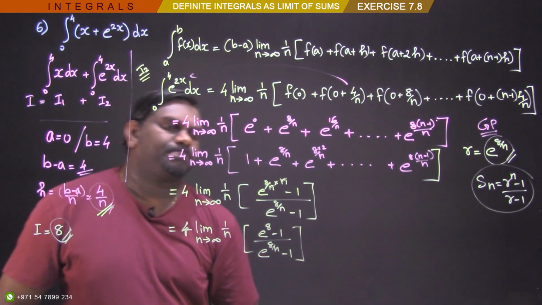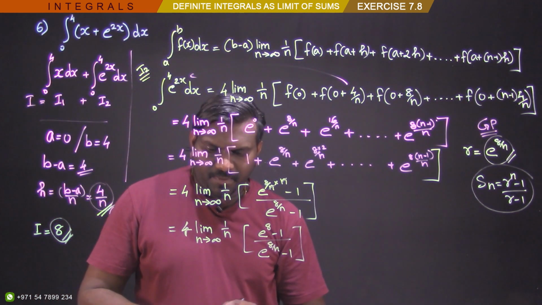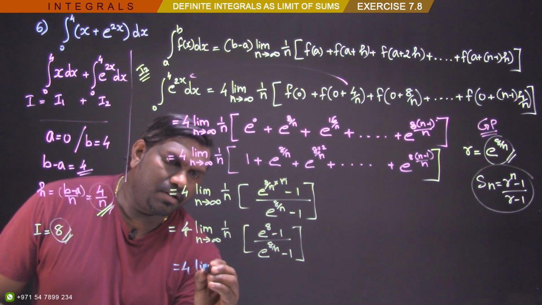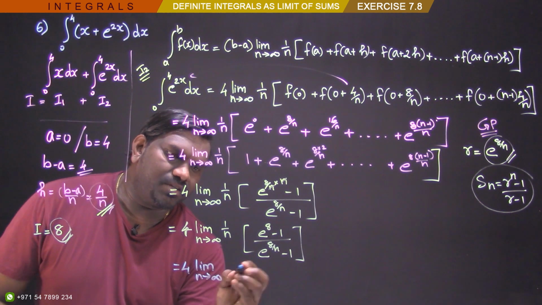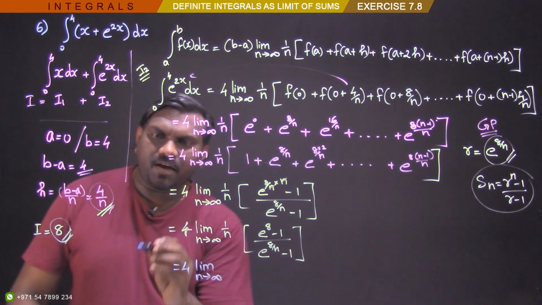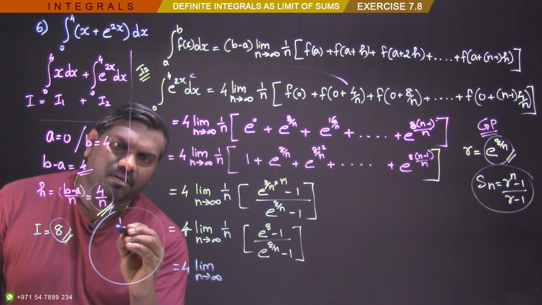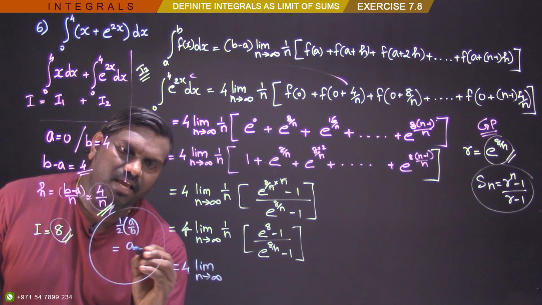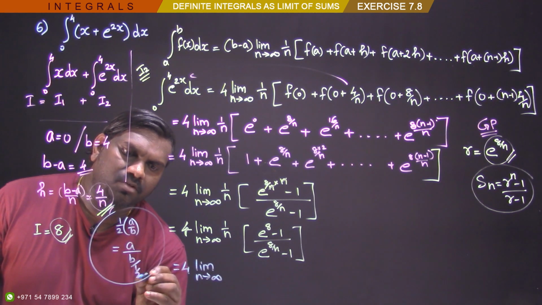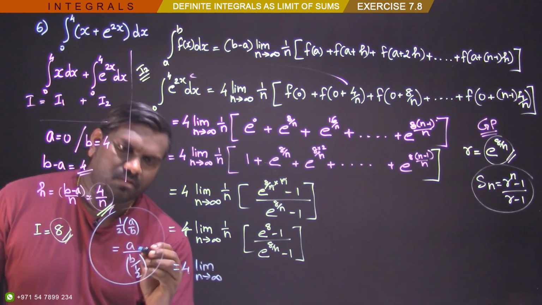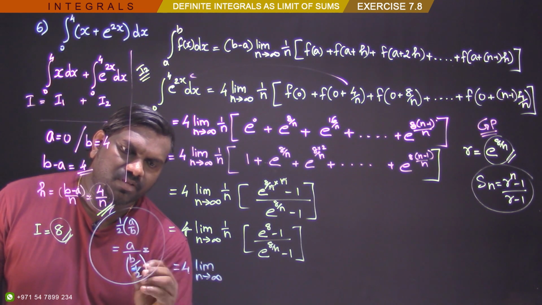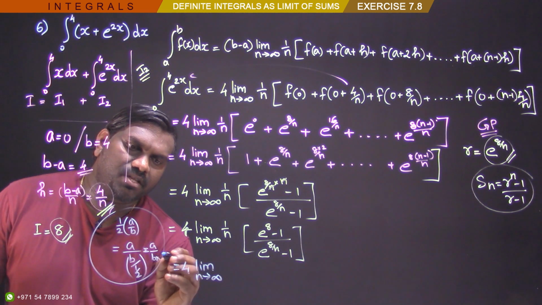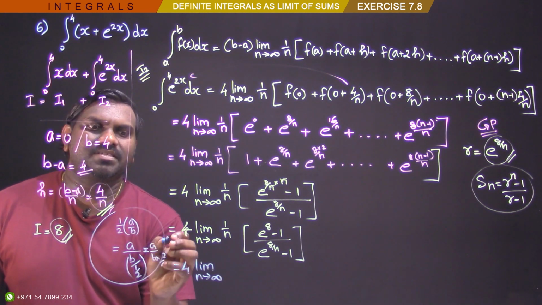As I told you last time, I will repeat the same thing: if we have 1 by (a by b), we can write it as b by a. I can just turn it upside down, which is the same thing.